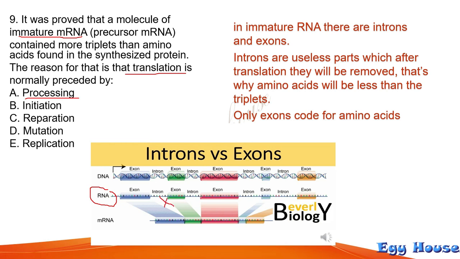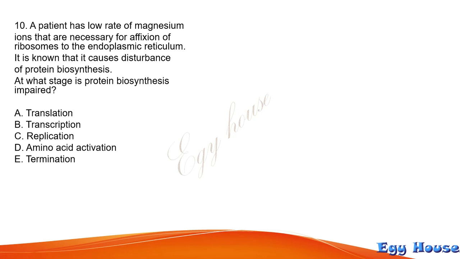As you can see here, only exons can produce some amino acids, because introns are useless parts that after translation can be removed because of the processing. The next question.